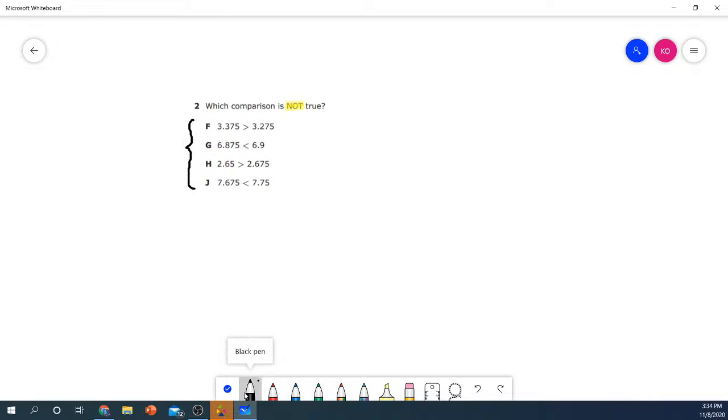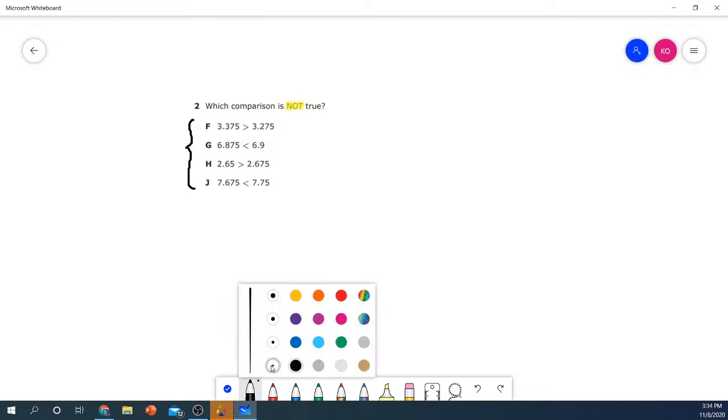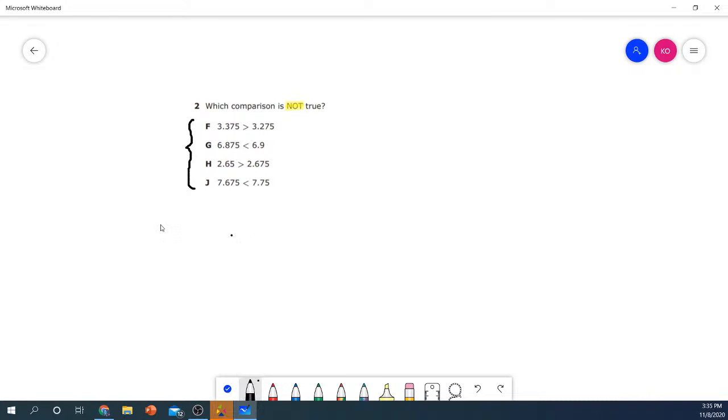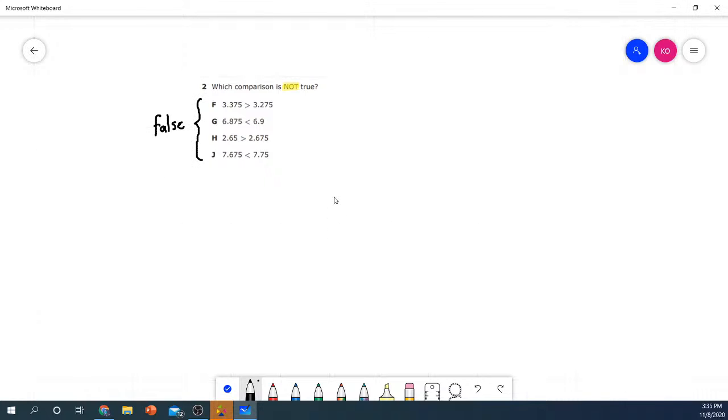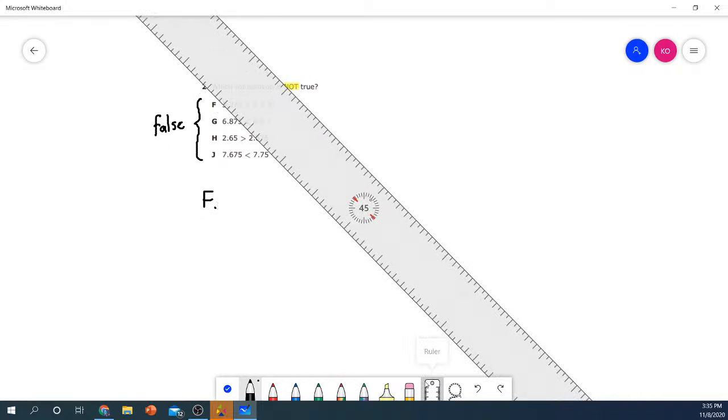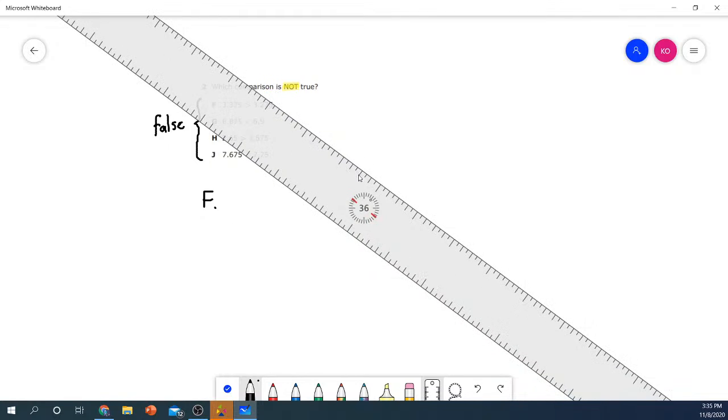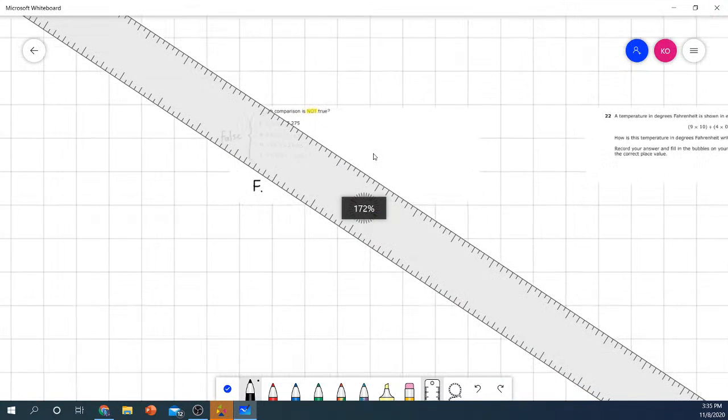So, which is not correct, or which is false? Let's start with F. For these kinds of problems, I would recommend using the method of drawing a number line.